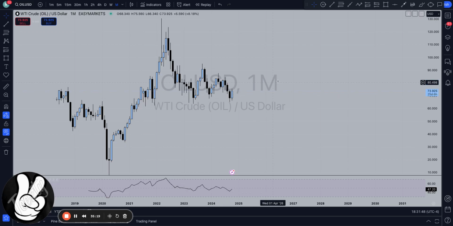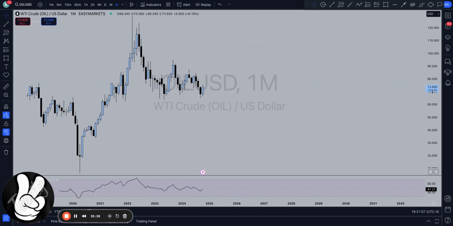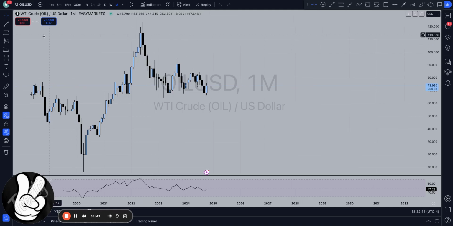And right now we're forming a bullish engulfing on this area of support, which is a good indication that price wants to go up. But this candle still has 25 days left for it to close, so it could close all the way up here, or it could still close all the way down here. So we still have to wait to see what happens on this monthly candle.